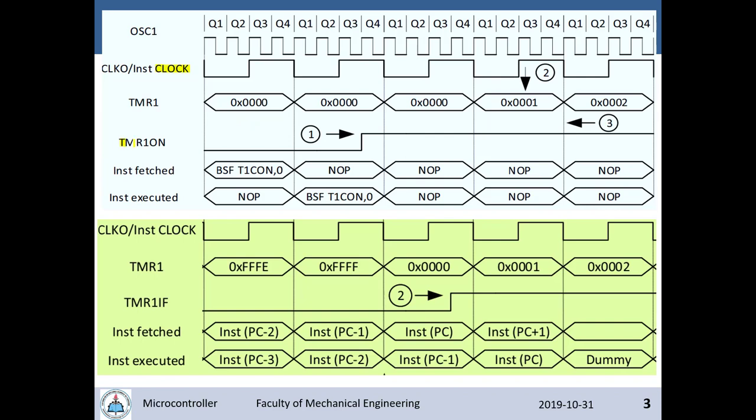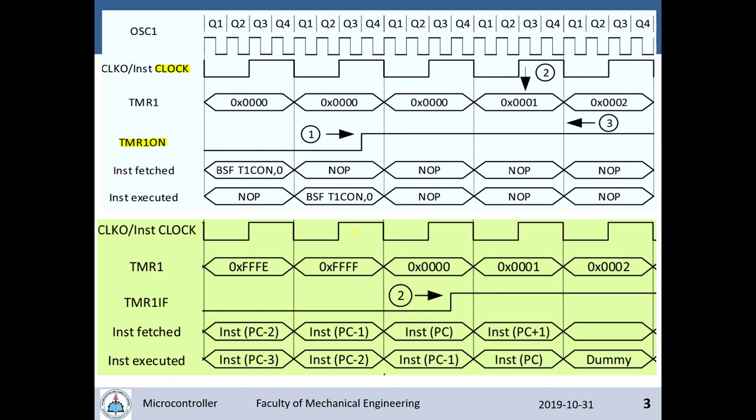Then when you start the timer by setting a RAM register bit from 0 to 1, it will wait 2 cycles for synchronization, and then it will increase at every clock input at the timer module, from 0 to 1, 2, 3, 4, 5.